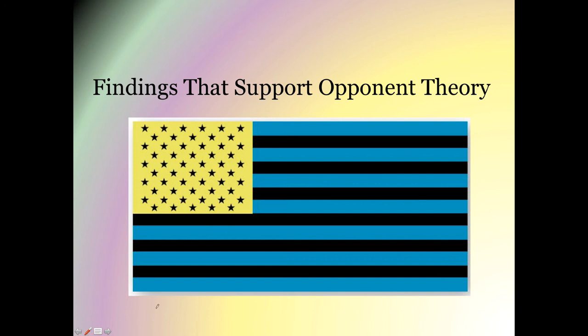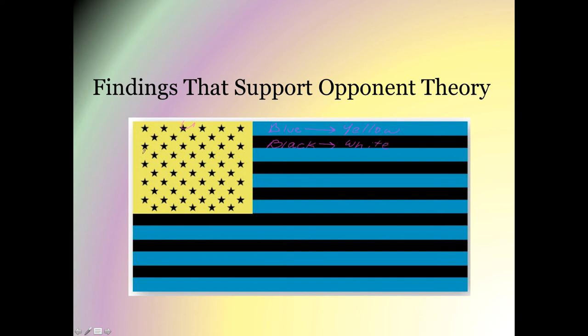What we know is that if a person stares at a blue like this one, the after image they get after seeing that color is yellow. If they stare at black, the after image would be white.